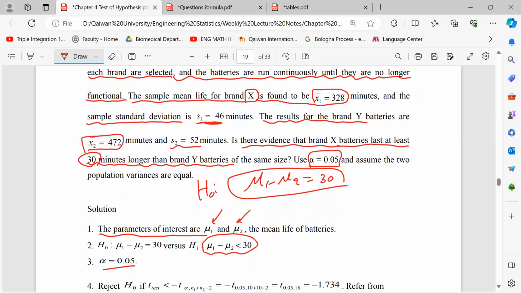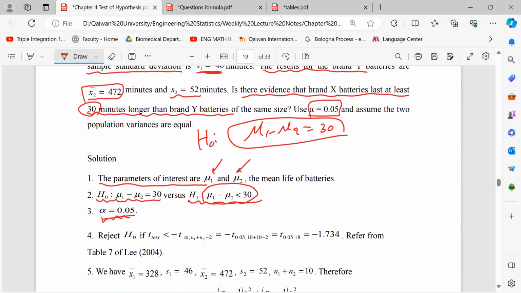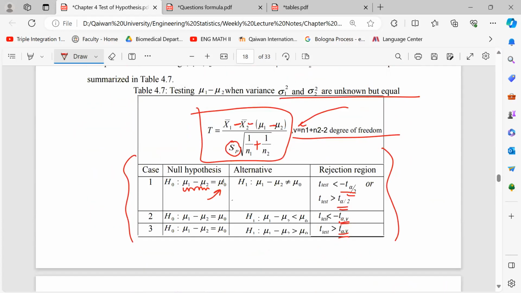Then H naught is the case that their difference is 30. And H1 is if the difference is less than 30. Now, we have alpha, which is 0.05. Then for step 4, we return to this table.